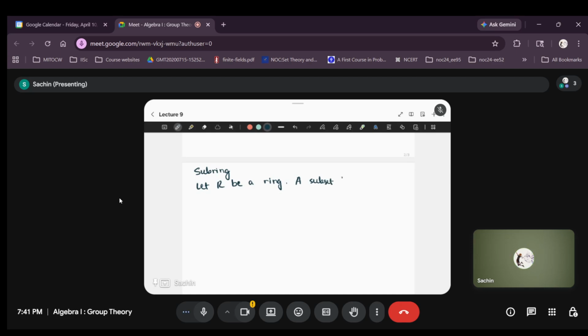A subset S of R is a subring if S plus is a subgroup, sorry, if S plus is a subgroup of R plus, multiplication is closed, and S contains 1.